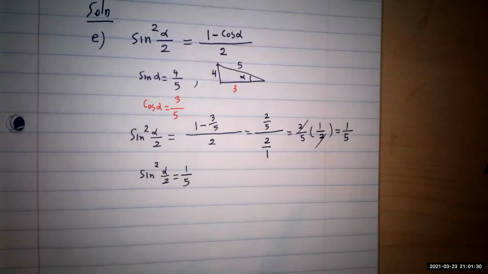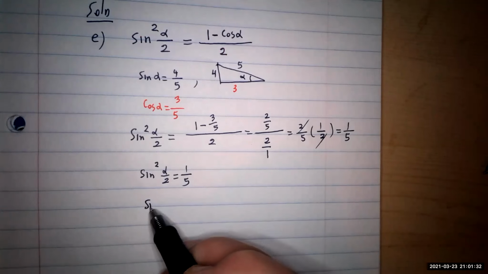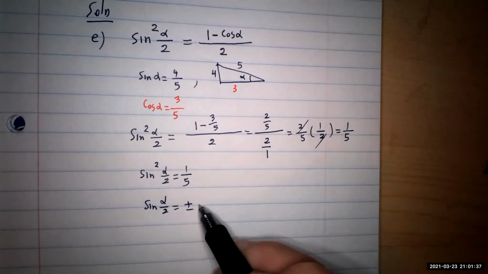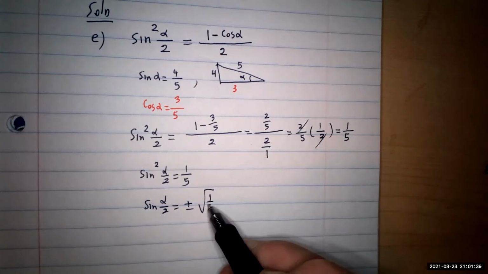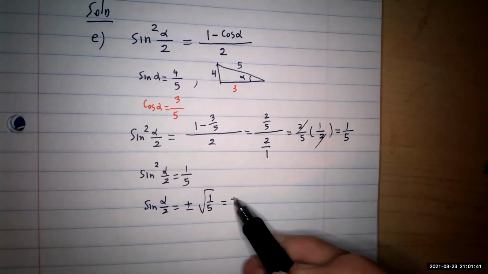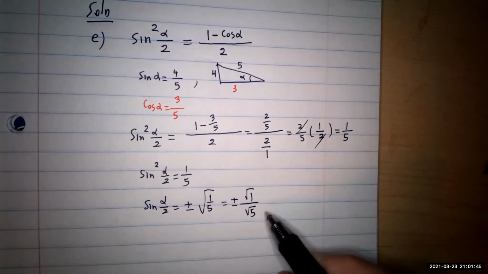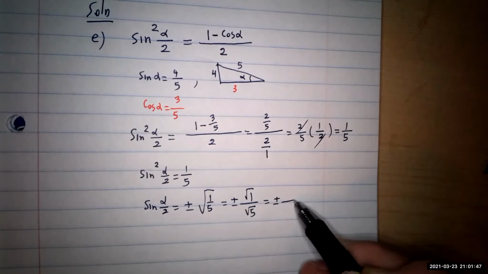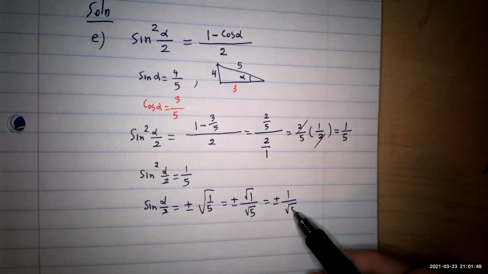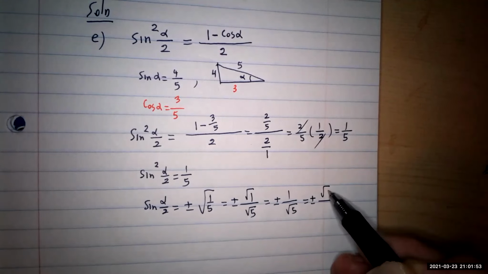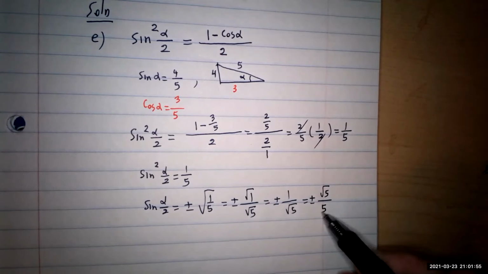Take the square root. So sine of alpha/2 would be positive or negative radical 1/5. We put the radical on the top and the bottom. On the top would be 1, so 1 over radical 5, and you multiply by radical 5. That would be radical 5 over 5.